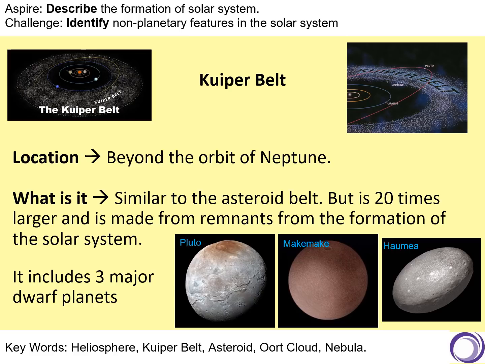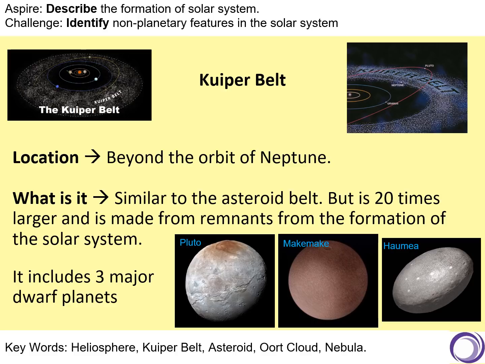However, most of these objects are made from rock or metal. But there are some, what we call in the astronomer field volatiles, basically ices. So for example, you will find materials such as methane, ammonia and water all frozen as some kind of icy asteroid-type object.